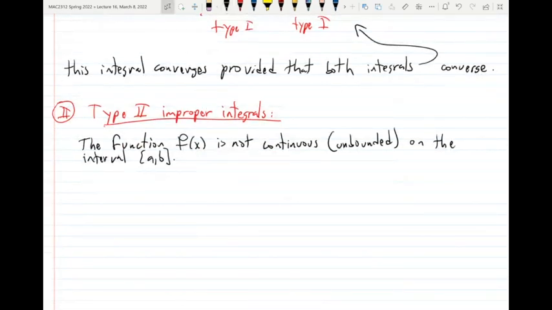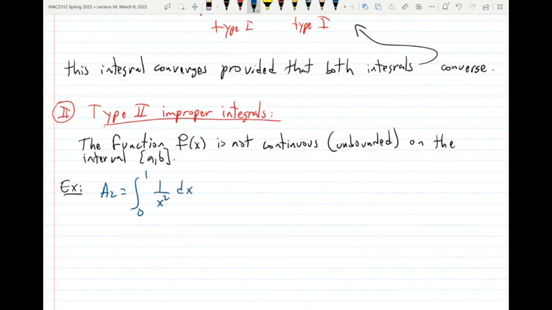So, for example, our integral A2 from above, which was the integral from 0 to 1 of 1 over x squared dx.